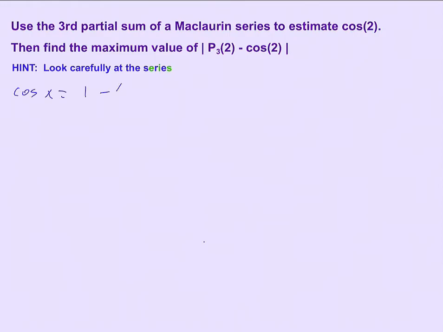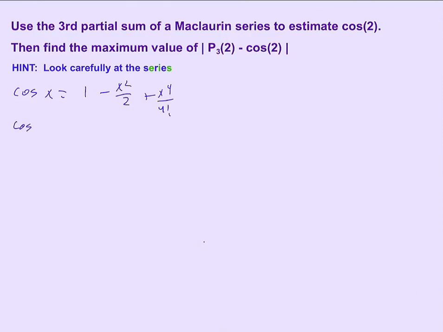It is 1 minus x squared over 2 plus x to the 4th over 4 factorial minus x to the 6th over 6 factorial, which I actually shouldn't have written because we're only looking at the third partial sum, which means the sum of the first 3 terms.